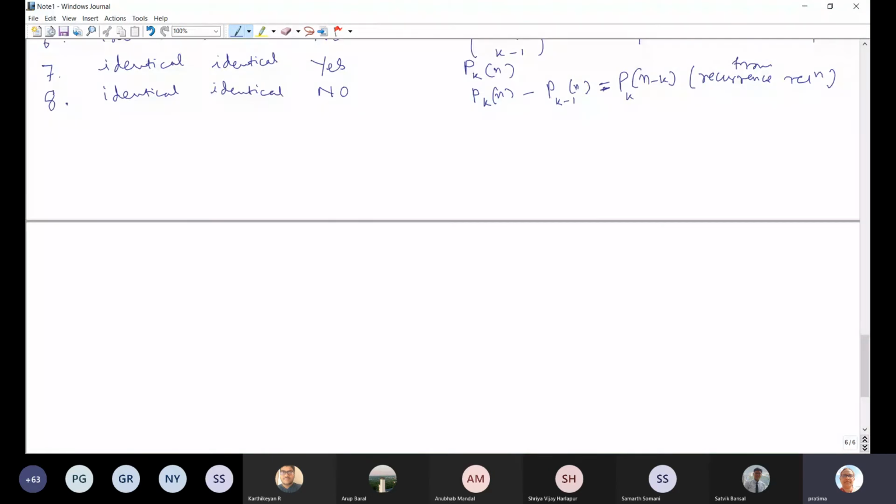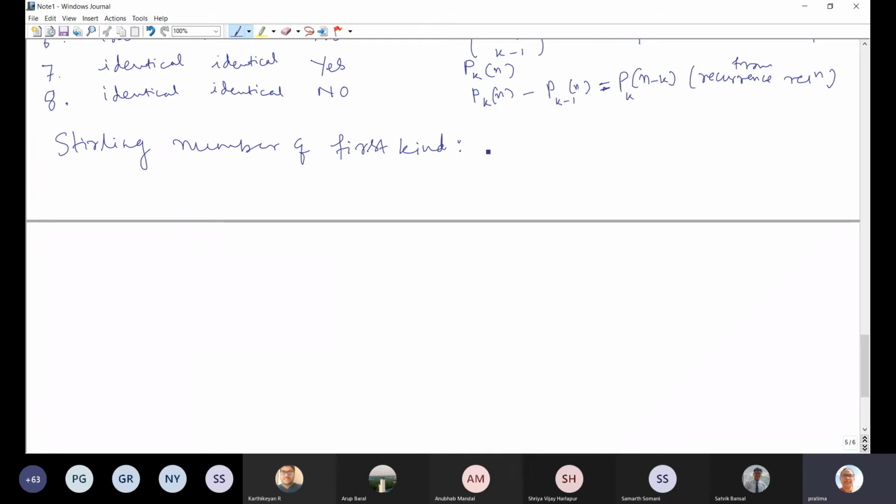Second kind won't be complete unless we tell about the first kind, which is still unfolded. Finally, I'll tell you this Stirling number of the first kind, and then the relation between these two.